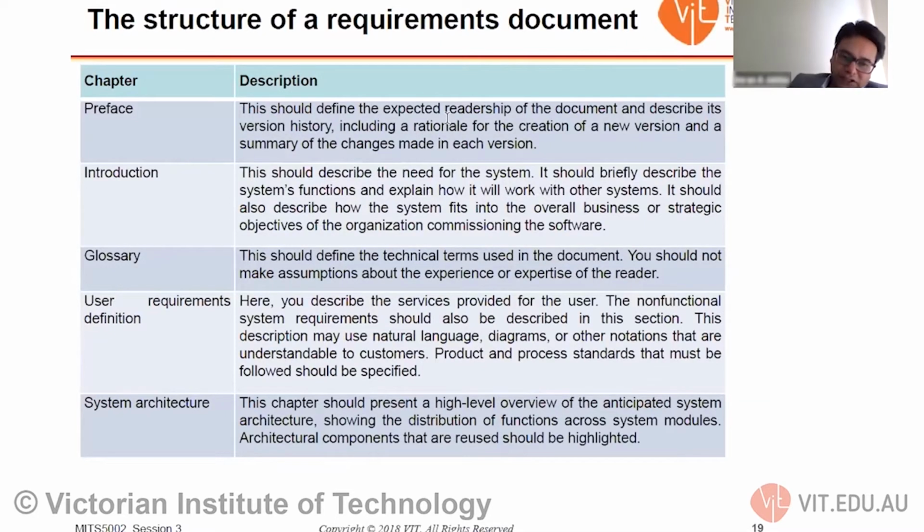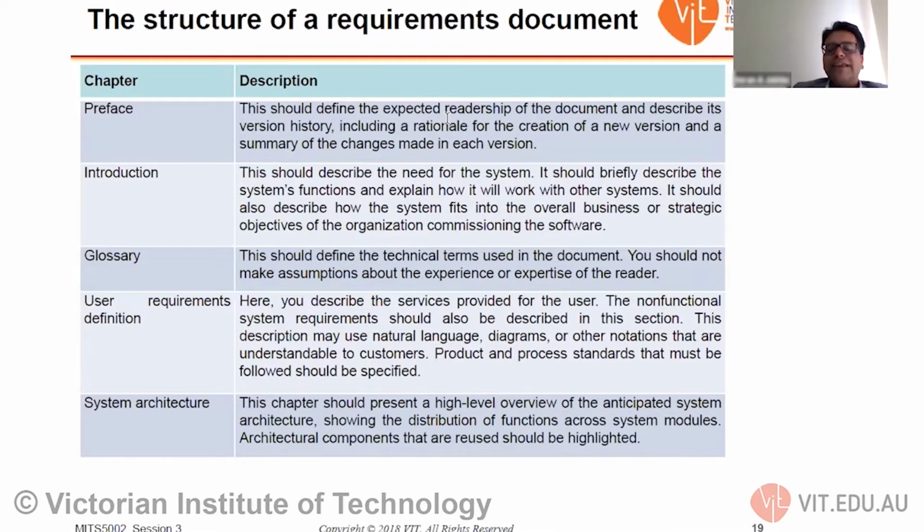Now the introduction, the next chapter. There you describe the need for the system, briefly say what it does, how it works, and how it communicates with the others, and the overall business process or objectives, mentioning what the software does and where it fits in the overall organizational process. Then it's always good to have a glossary, so terms that you use in the document, explain them.